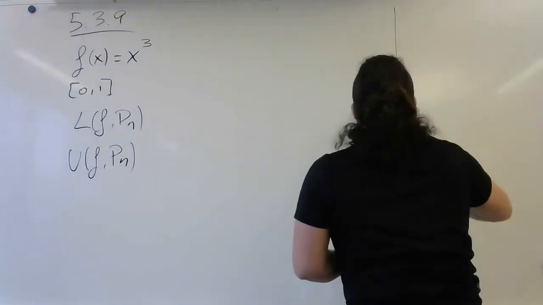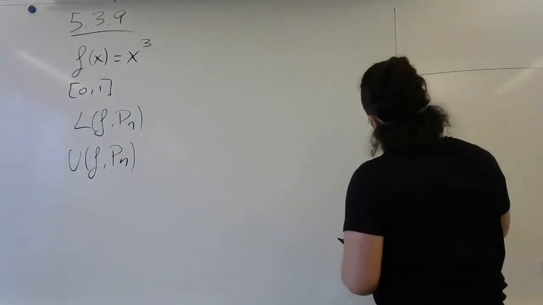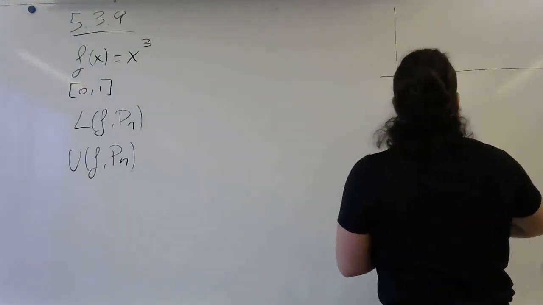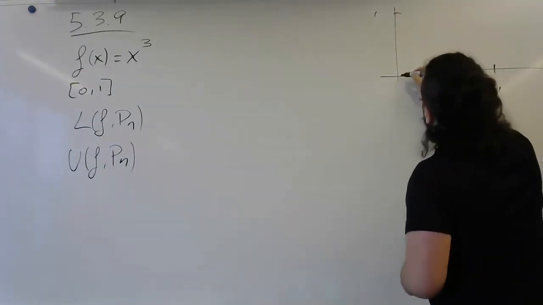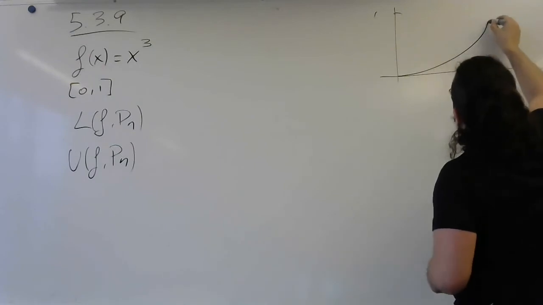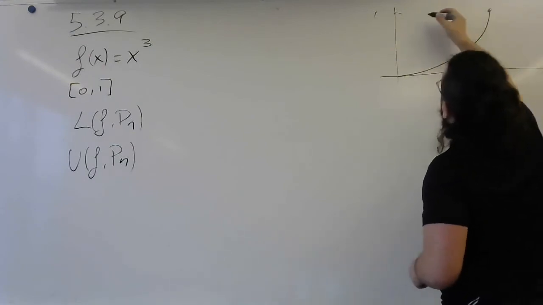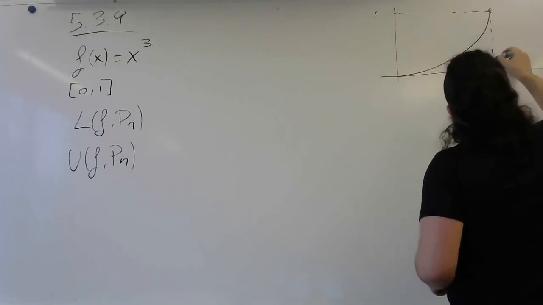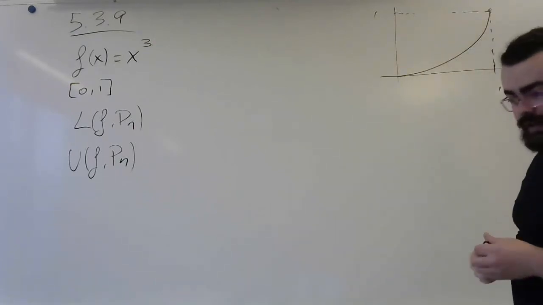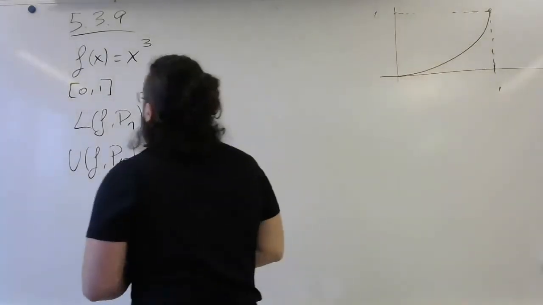Now let's draw our coordinate system. We're working in 0, 1, so the graph of x cubed looks something like that.